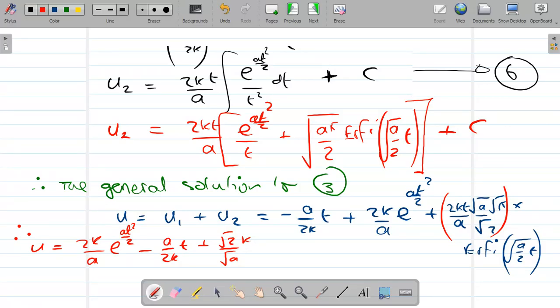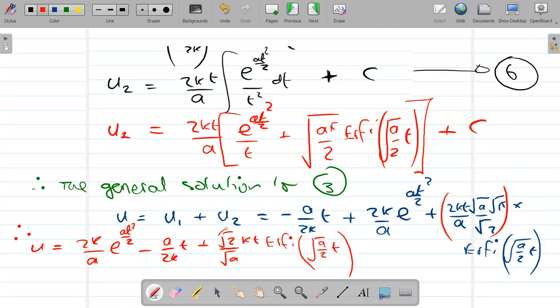So let's see, we've dealt with that, we've dealt with that, we've dealt with that. So we're just left with a k t there times the imaginary error function root a over 2t, and that is the solution.